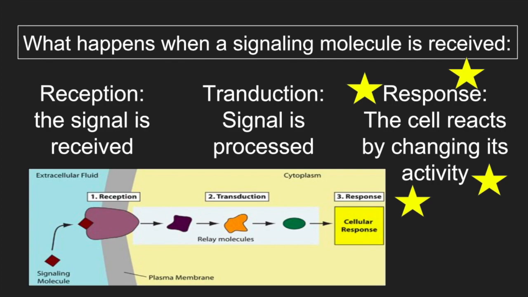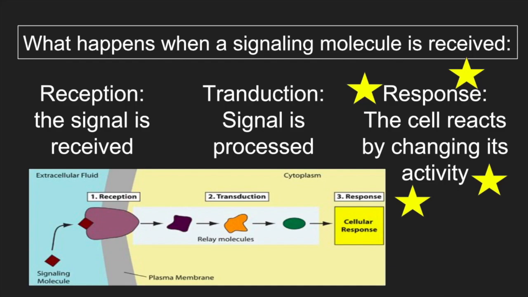This is how a signal is amplified: a small number of signaling molecules can lead to a larger effect because more molecules can be activated. This also shows that the pathway creates as specific a response as possible. A chain process occurs as one protein activates the next and then the next until the desired outcome is achieved.